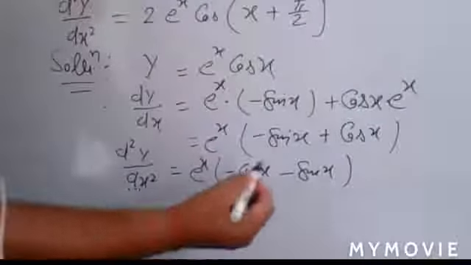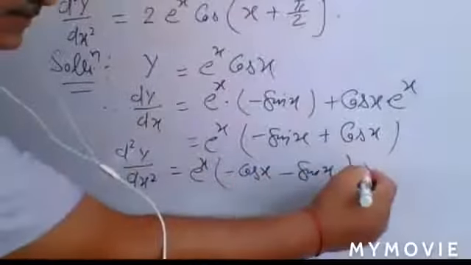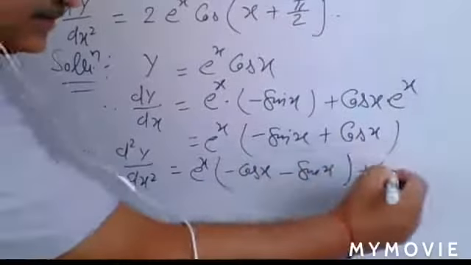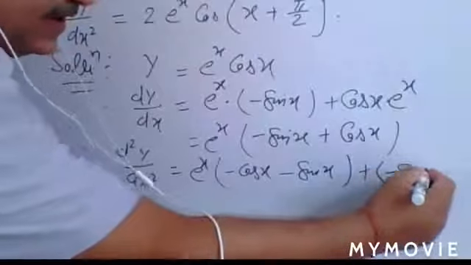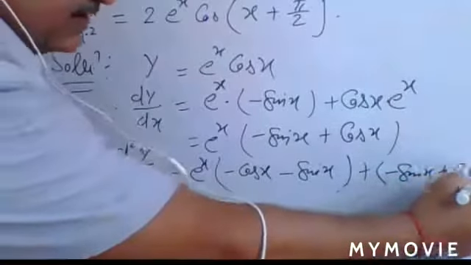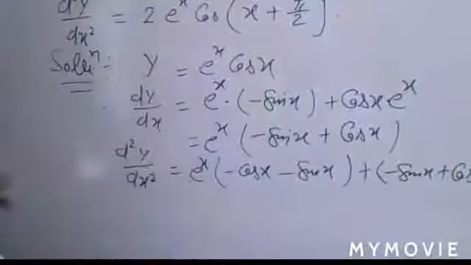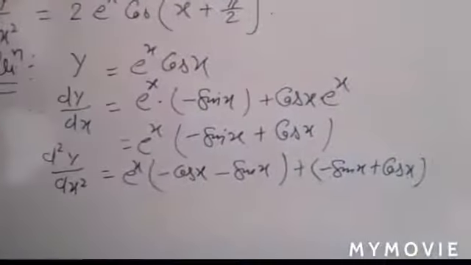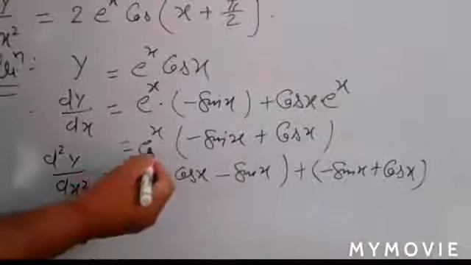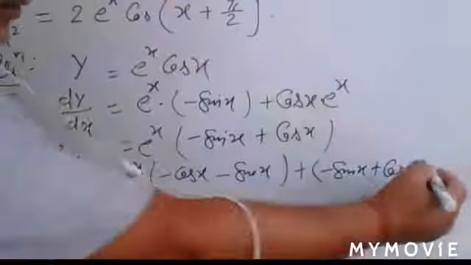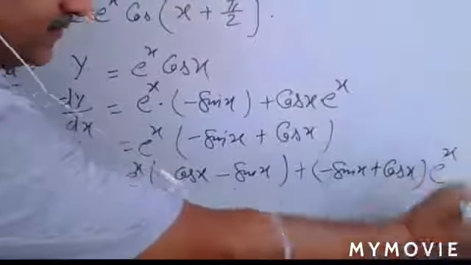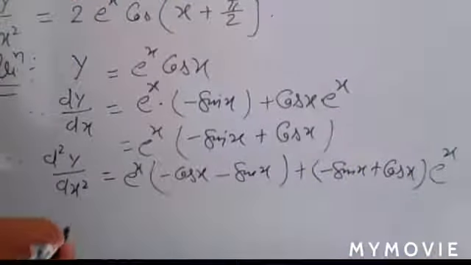First function into differentiation of second, plus second function, minus sin x plus cos x, into differentiation of first. The differentiation of first is e to the power x. You write it in this way.